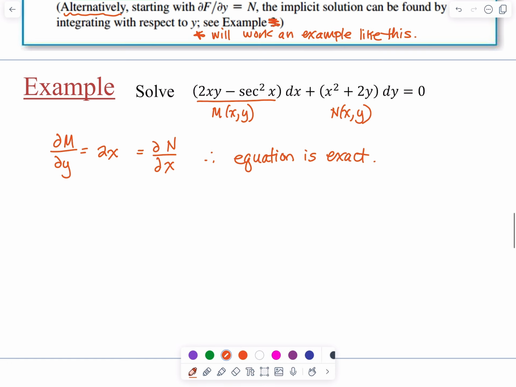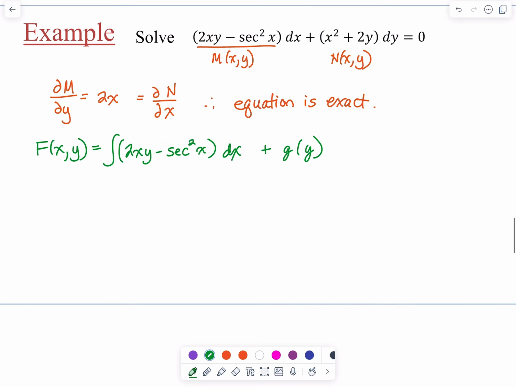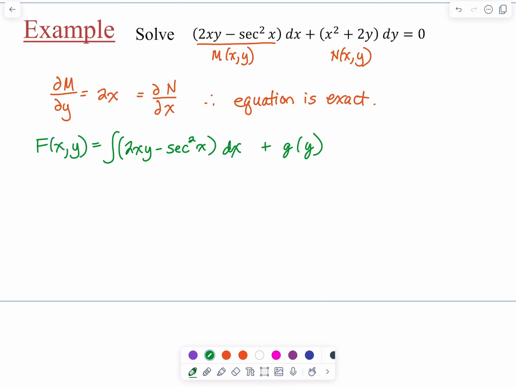Okay, so now we're going to find f(x,y), and we're going to integrate M, which is 2xy minus secant squared of x, dx, plus g(y) as our function that is also acting as our constant, which may not be a constant.